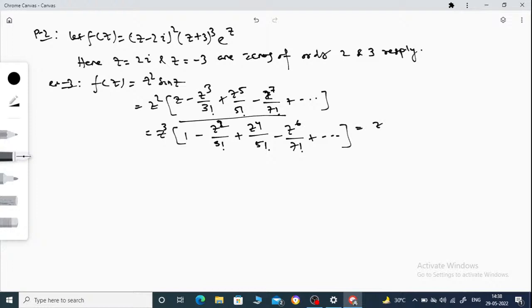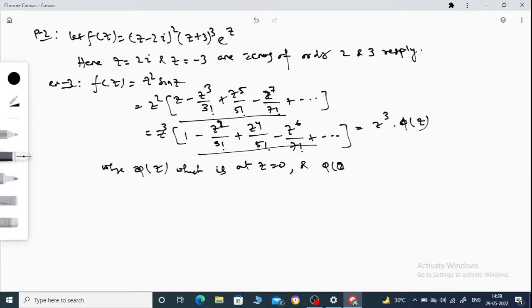So I can write this as z cube into phi of z, where phi of z is analytic at z equal to 0, and phi of 0 is 1, which is not equal to 0.